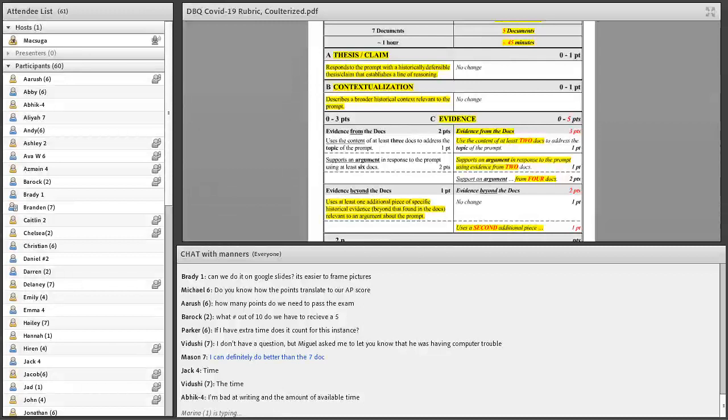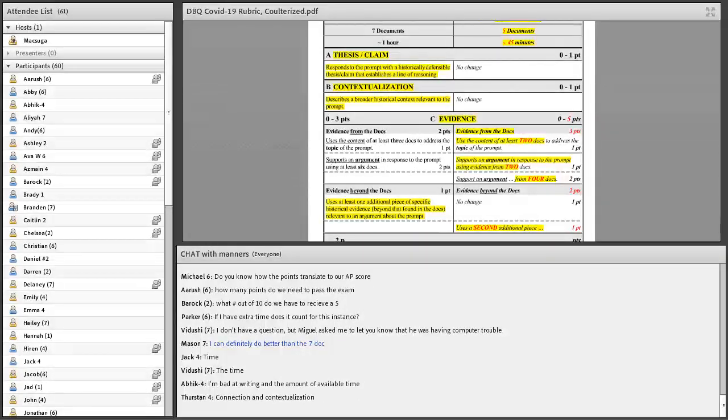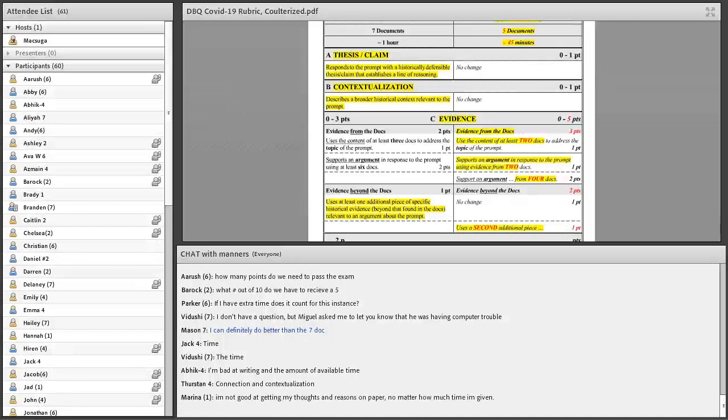You use the 2 and then you support the argument, you deploy it, that's going to be why. So Thurston, with connection and contextualization, we can do some practice with that.